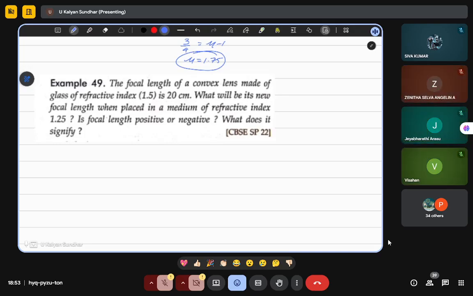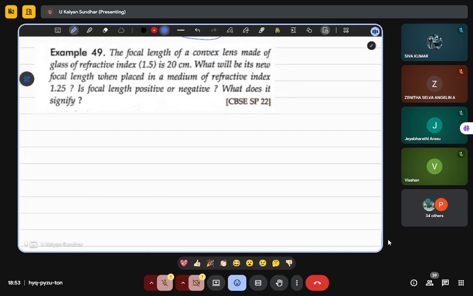Right sir. So here they haven't given the radius of curvature. We only have to deal with the focal length. Whenever you immerse the lens in some liquid, the focal length changes. When the lens is alone in air it is one value, but when it is immersed in a liquid, the overall focal length changes. So 1 by focal length, when kept in air, is equal to (mu of glass divided by mu of air minus 1) into (1 by r1 minus 1 by r2), because I don't know the radius.